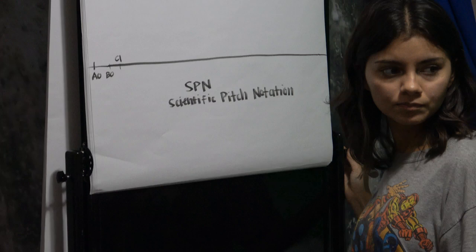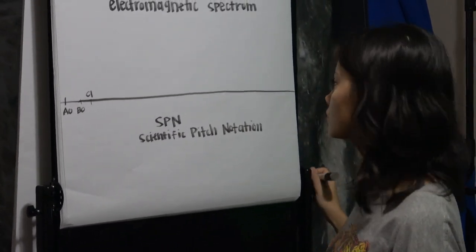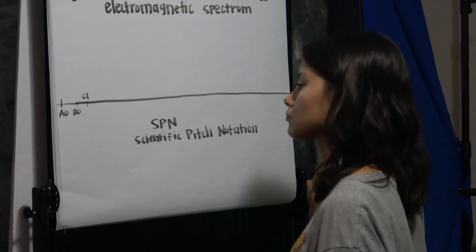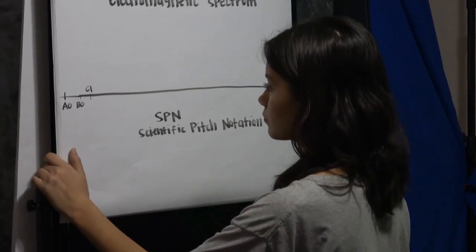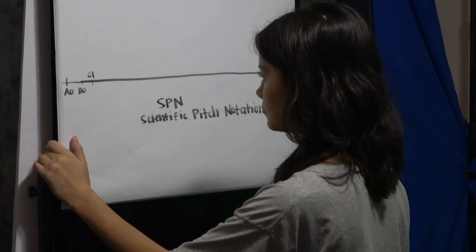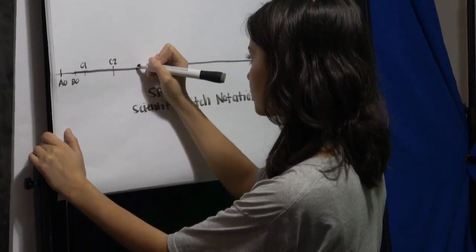What I want is 8 octaves: C1, C2, C3, C4, C5, C6, C7. It's only 7. And just C1 tick, C2 tick, C3.